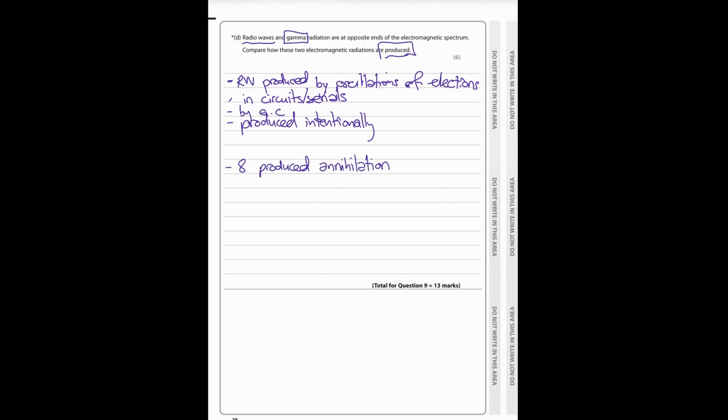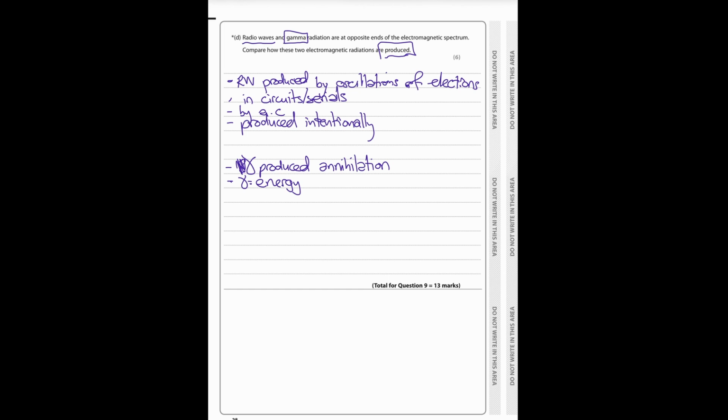Annihilation is when a positron meets an electron, or a particle meets its antiparticle, and they annihilate to release pure energy. Okay, so if it's releasing pure energy, I might as well just say that it's just energy. It's not really how it's produced, but I'm not going to lose anything by saying it.